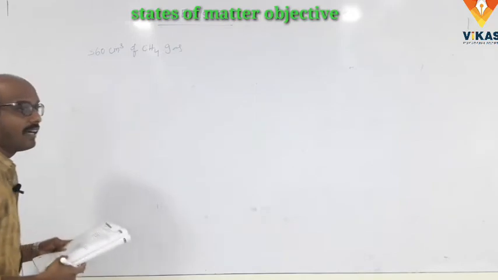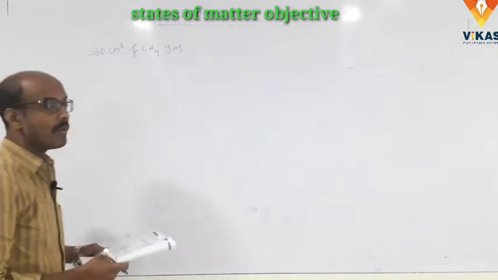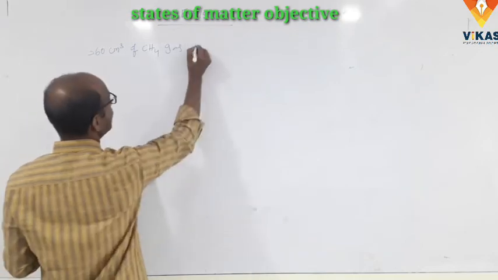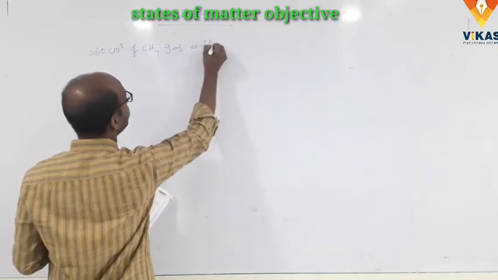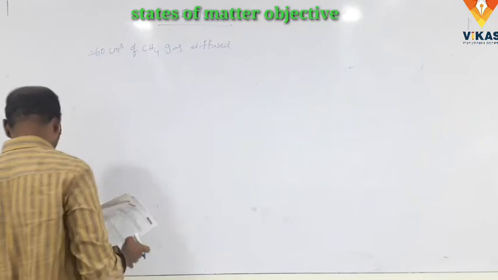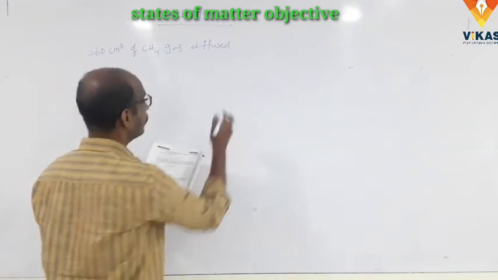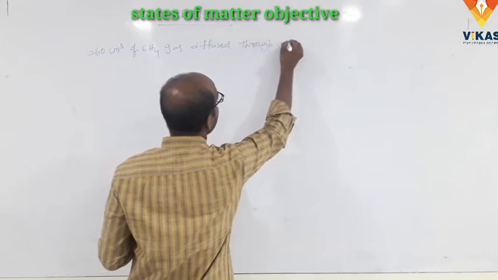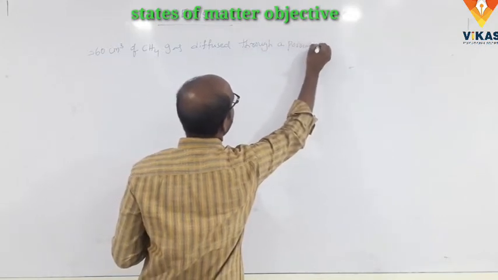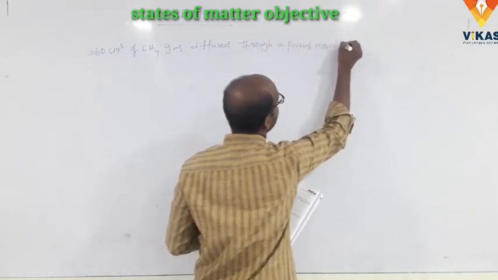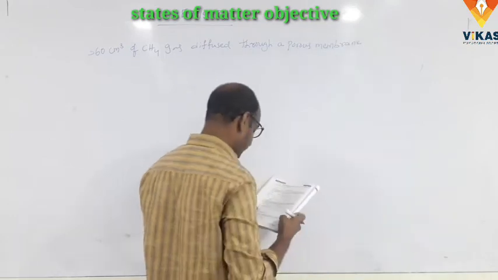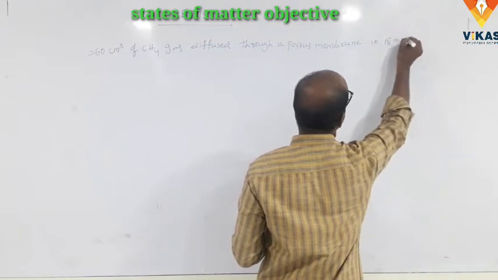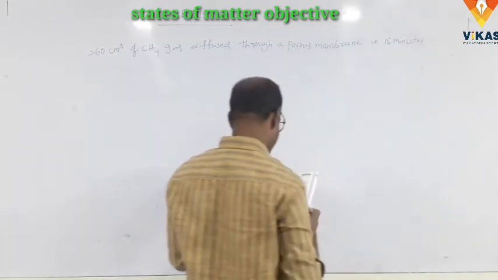It is most important from the IPE point of view, so many times it is a repeated question. 360 cm cube of CH4 gas diffused through a porous membrane in 15 minutes.